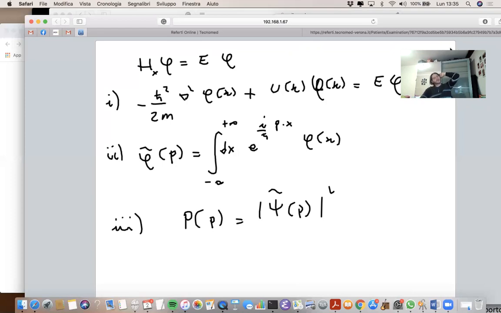Okay, so by these three operations, I can get all the information I can possibly get about the momentum.